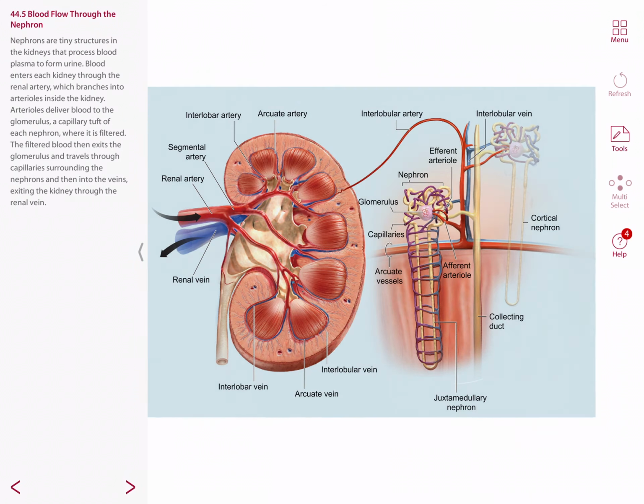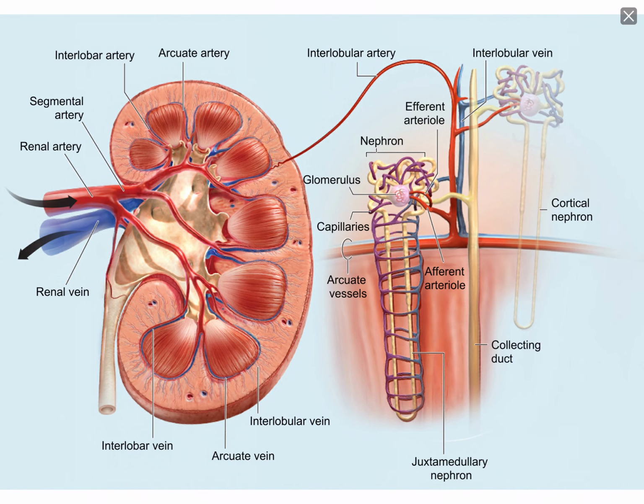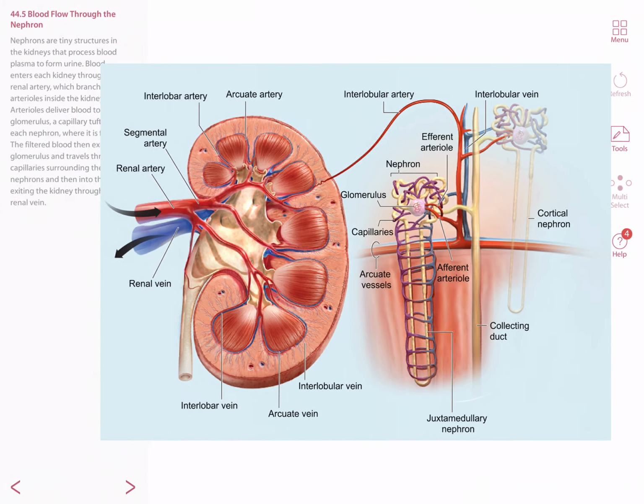You can see everything's wrapping around there, so it's going to allow all that filtrate to pass out of the blood supply, through the glomerulus, out to the proximal convoluted tubule, out to the loop of Henle or the nephron loop, then to the distal convoluted tubule, and into the collecting duct. That collecting duct is then going to travel down towards the renal pelvis through the renal pyramid.